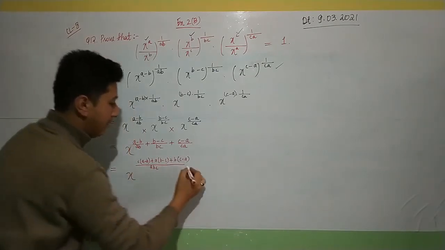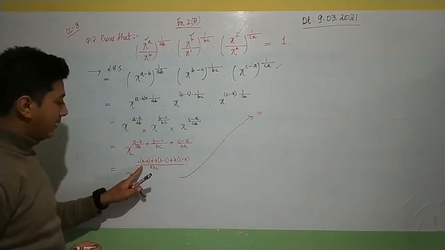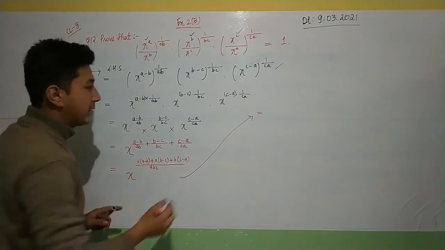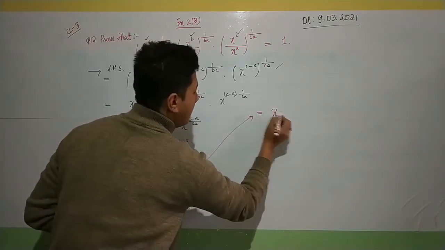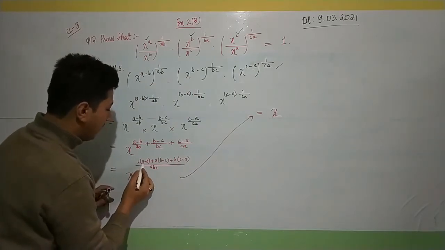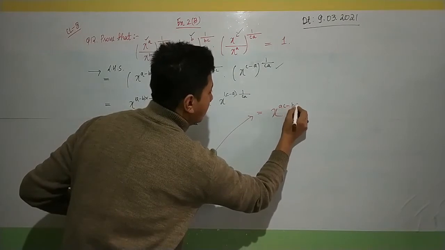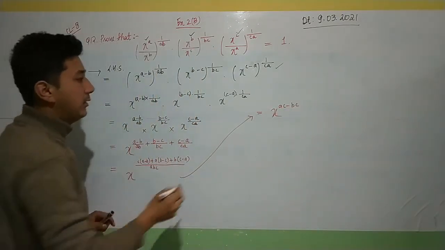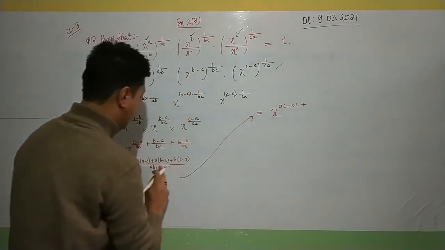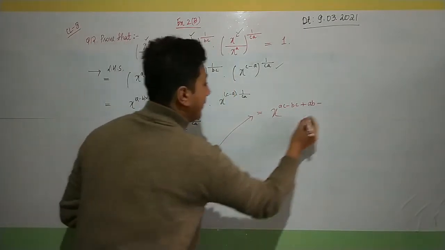So once you do that, now I can multiply and open the brackets. So keep your x as it is. On the numerator, c multiplies with a and b, so ac minus bc. Okay, plus again multiply with a, this becomes ab minus ac.